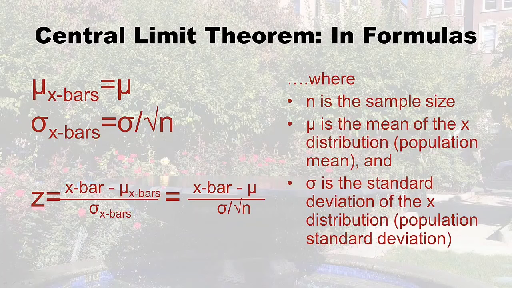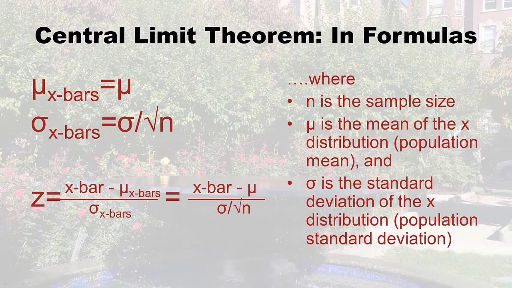So if we look on the left, this is just a formula version of what I just said. The mu of all the X bars that you could get from a particular sample in a particular population is going to equal the mu of the population. And the standard deviation of all those X bars is going to equal the population standard deviation divided by the square root of whatever n you picked.